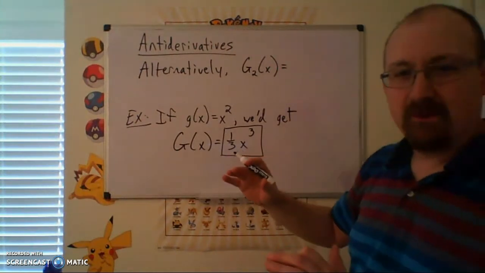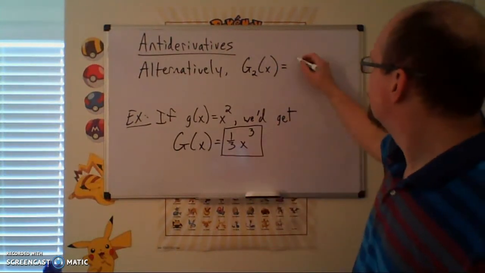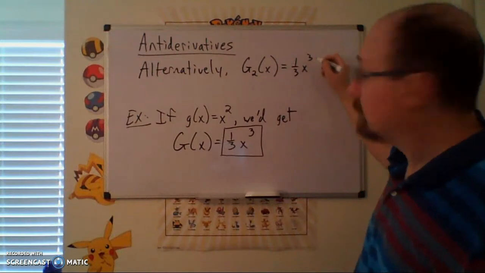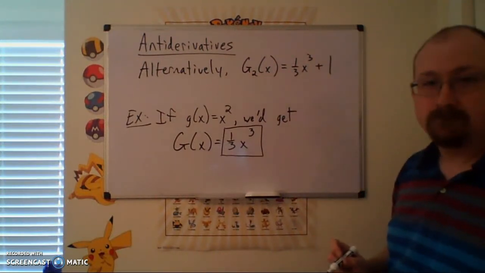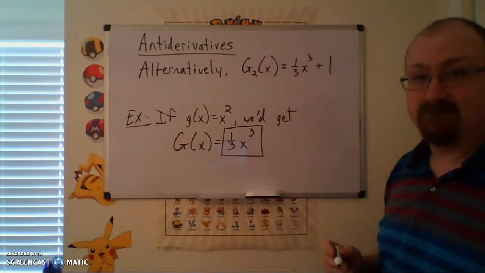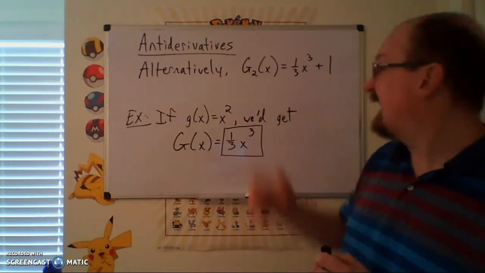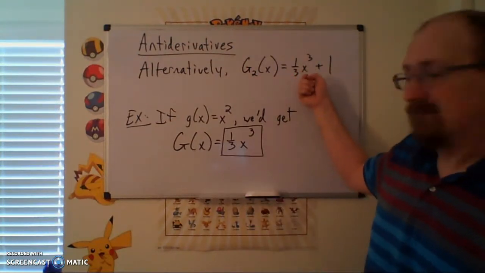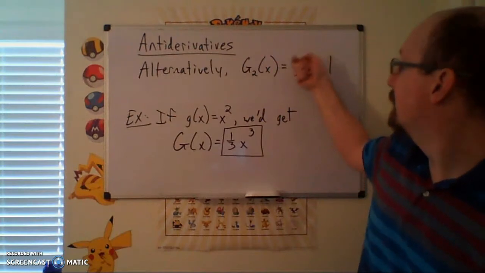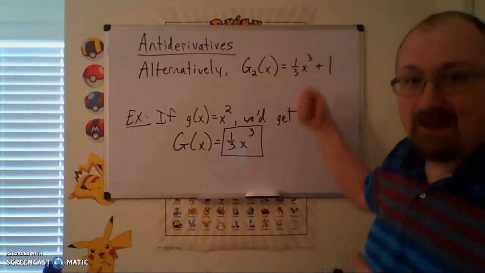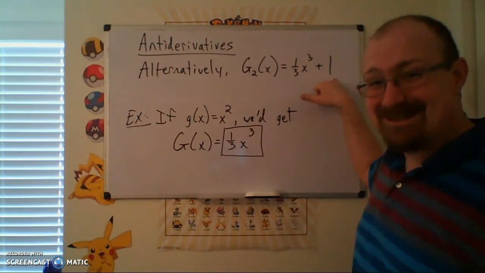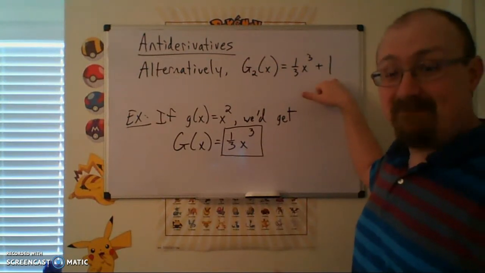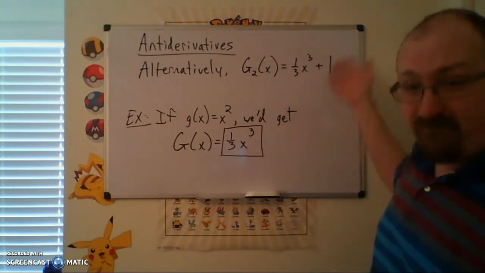So this is a little technical, so pay close attention. If we tried to take a derivative of this new guy, well, we already know what happens to the 1/3 x cubed. Pop out front, exponent comes down, x squared there. Since this plus 1 I slapped on the end is a constant, and all constants have a derivative of 0, it just falls away.